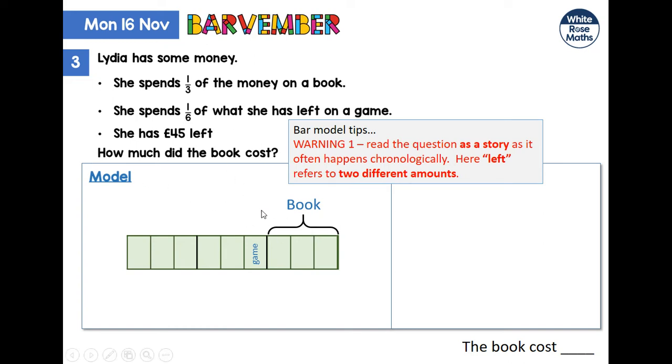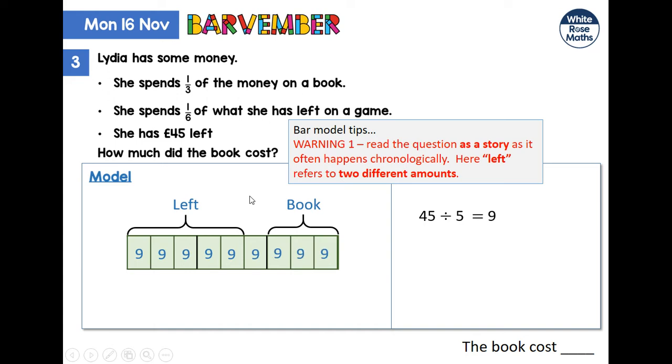But she spent a sixth of what she had left on a game, and she has £45 left. So this is now a different amount that's left, but we know that that's £45. Okay, so that amount that's left is £45. It represents 5 of these parts, so each of those is 9.